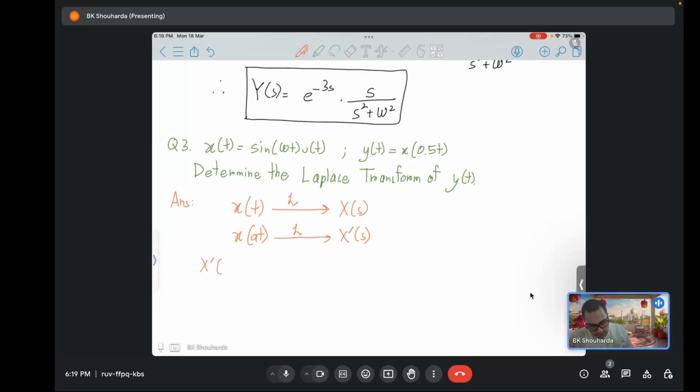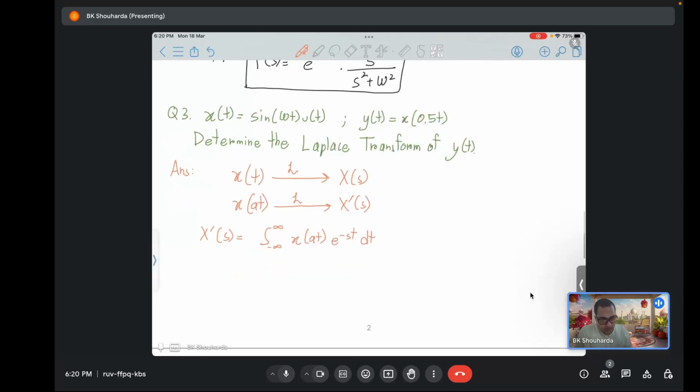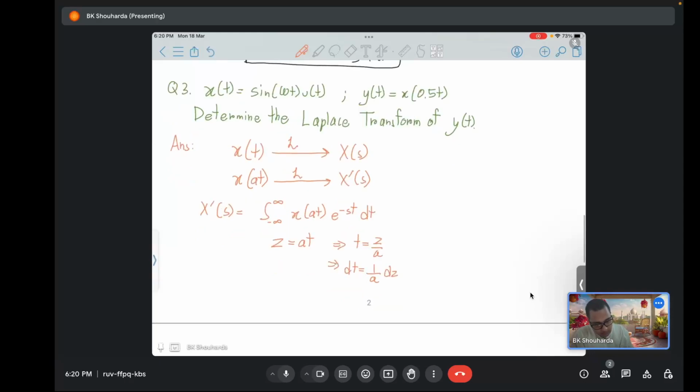So X prime(s) is the normal integral of x(at) e to the power minus st dt. Okay, so now what do I do? Let me substitute z equal to at, or t equal to z upon a, which implies that dt is 1 upon a dz.